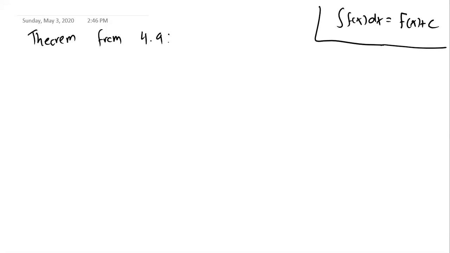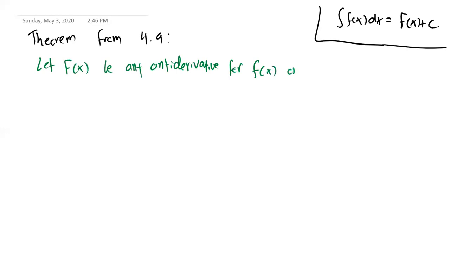Okay? So by this note, right, we know, let's say F of x be any antiderivative for little f on AB. And of course here, as in the statement of the fundamental theorem, we're assuming that f is continuous on AB, which again is the same as integrable.